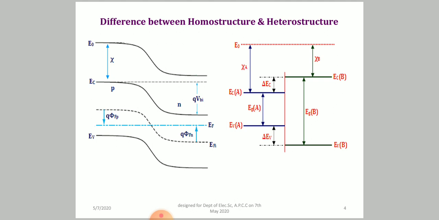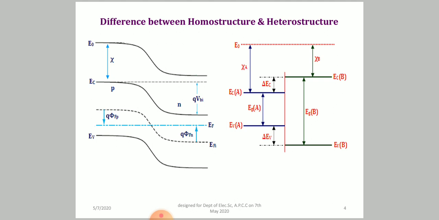Delta EV is called valence band discontinuity. If the question is asked why both discontinuities arise, simply because of the difference of the electron affinities of both the materials. So that will be our starting point.